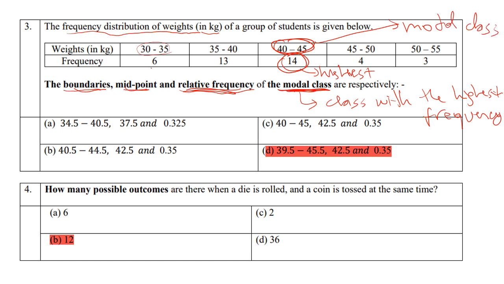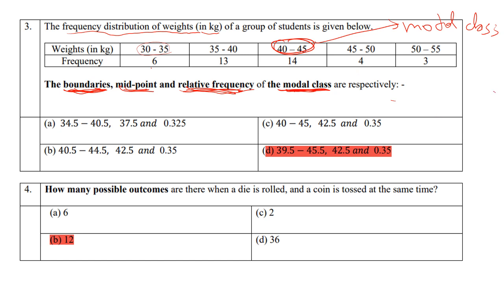So it's asking the boundaries for the model, the boundaries, the midpoint, and the relative frequency of the model class. Now, we know the model class, and let's try to find the boundaries.